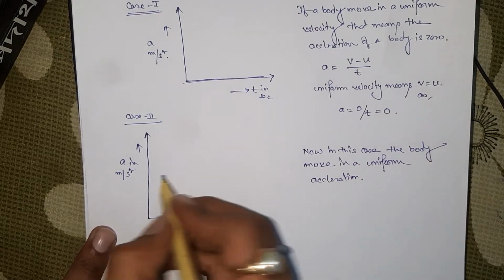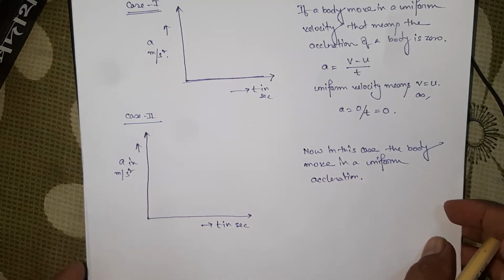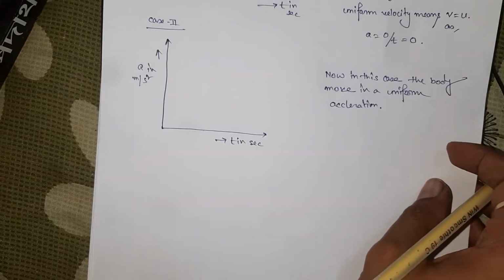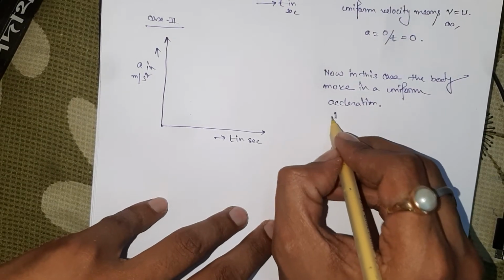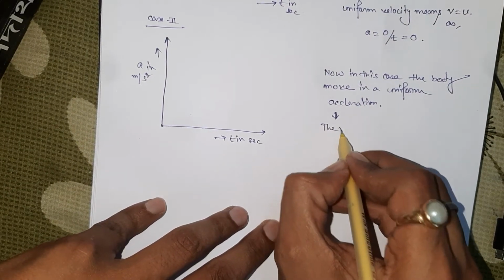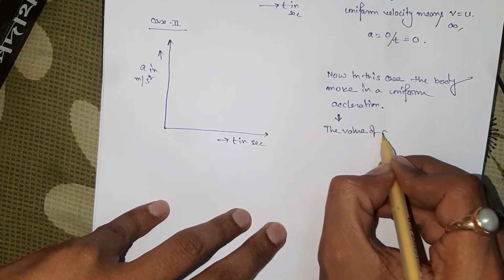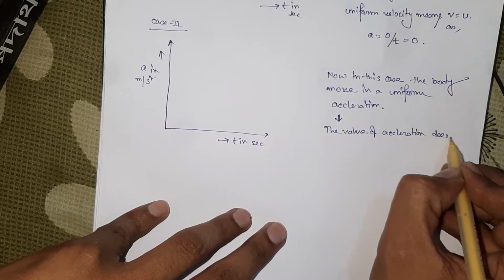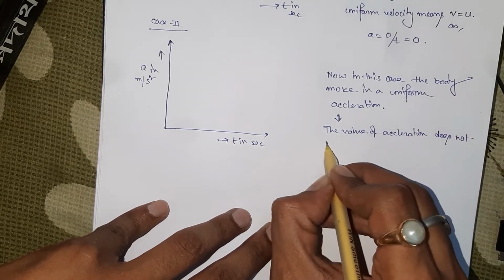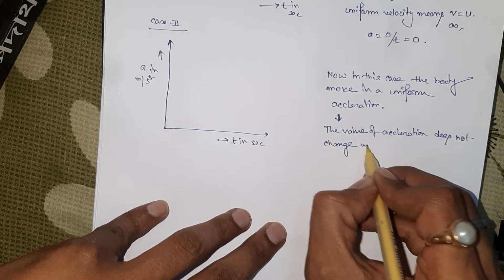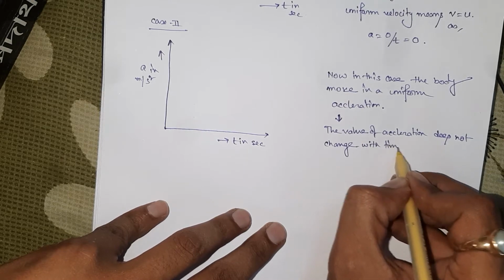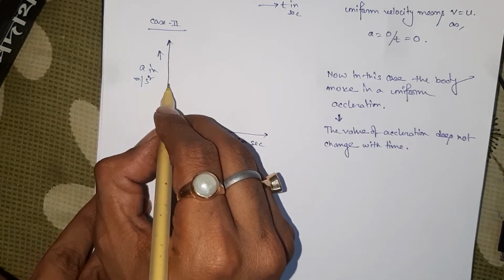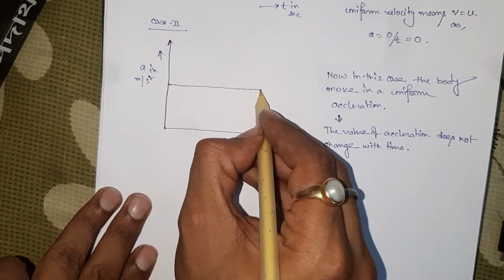As the body uniform acceleration, that means the value of acceleration does not change with respect to time. That implies the value of acceleration does not change with time. So the graph will be parallel to the x-axis.